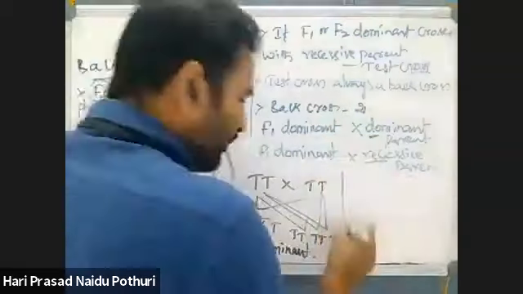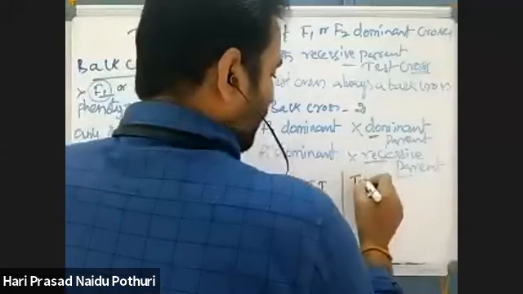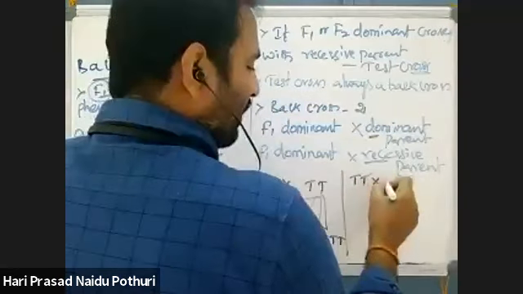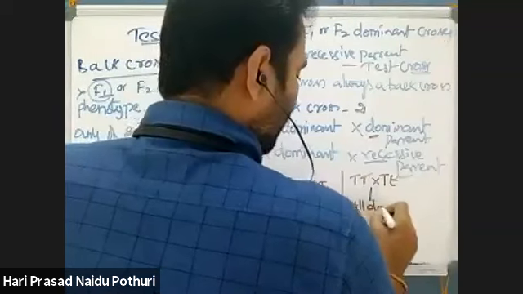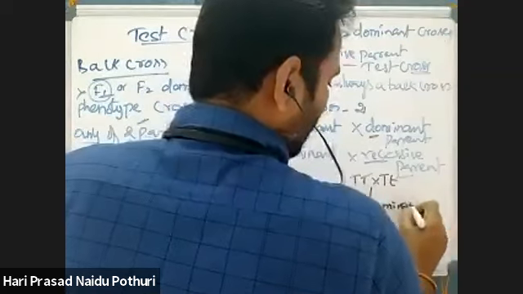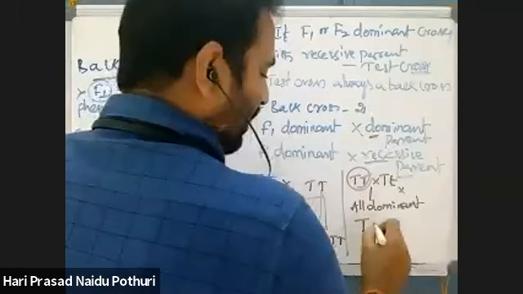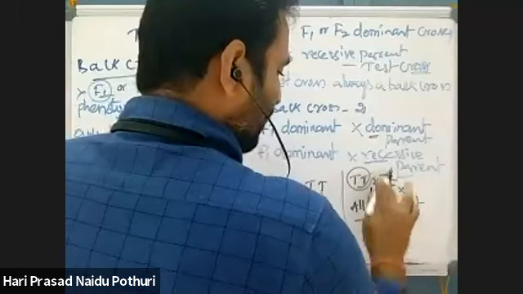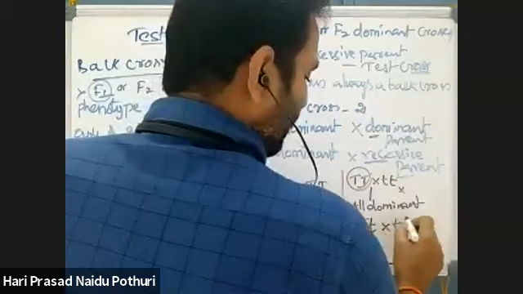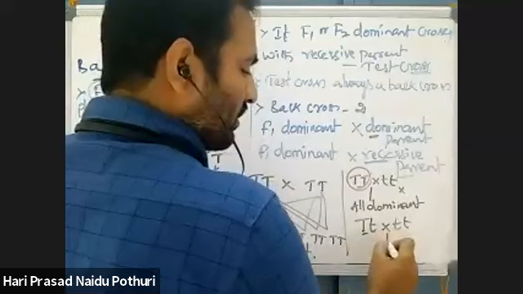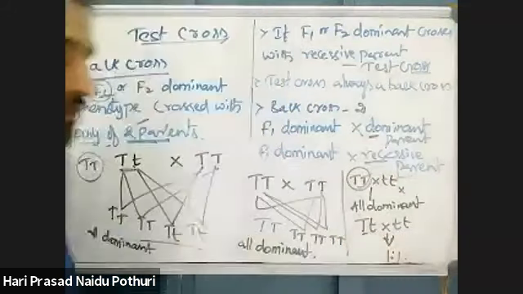But if we take the recessive parent, I told you two cases. If TT is crossed with tt, then all progeny will be dominant. I told you that cross this morning. The other one is Tt, sorry, tt. When heterozygous dominant is crossed, the test cross ratio is 1:1.